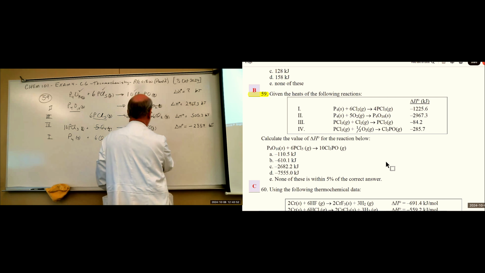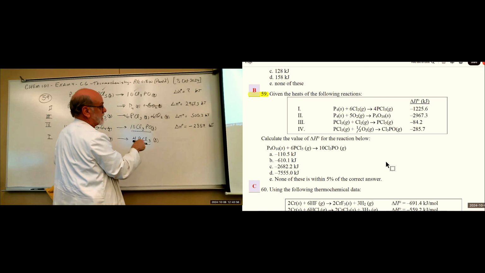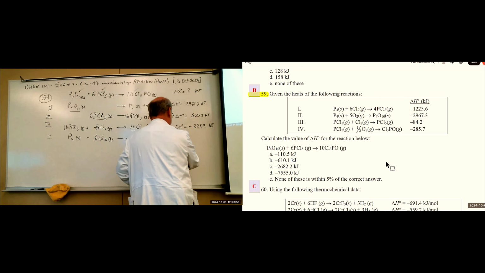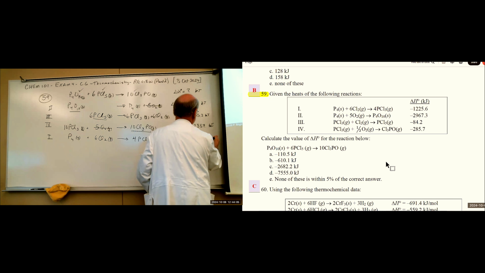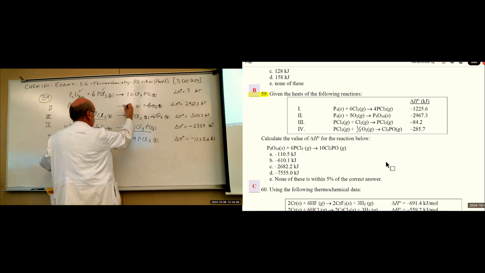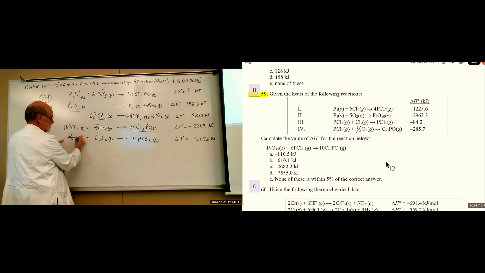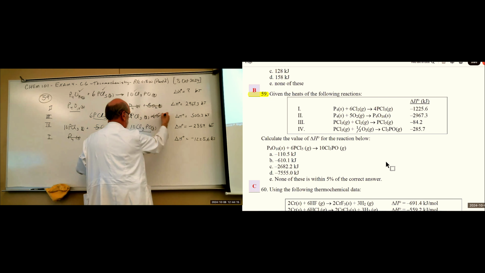Yes, and we didn't have to change anything, so we just put the value as written: minus 1,225.6 kilojoules. And that will get rid of this one, and it'll also get rid of the chlorine.